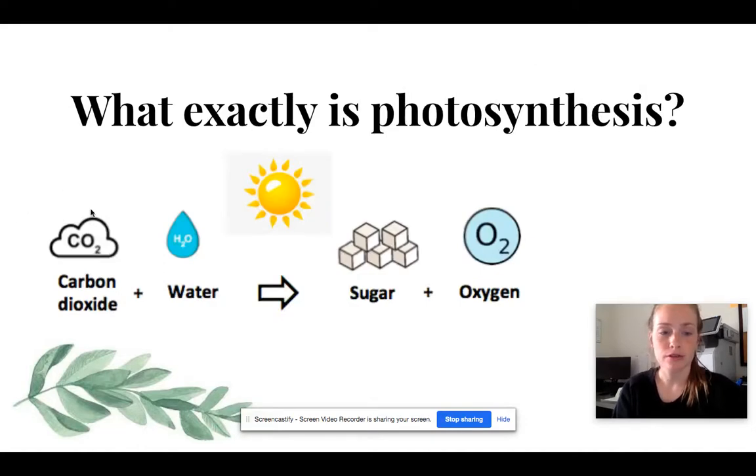Okay, so we have carbon dioxide, which we saw is absorbed by producers as well as water. So we have a plant, it gets watered by rain, let's say, and absorbs carbon dioxide, and on top of that, it absorbs the radiant energy from the sun on a sunny day. Now it can perform photosynthesis.